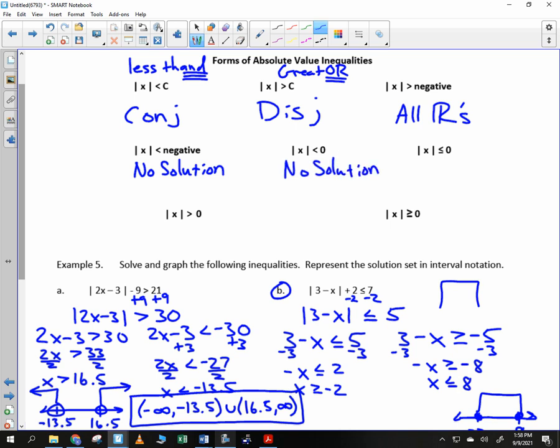Could an absolute value be less than or equal to 0? What's the absolute value of 0? 0. So this one would be one solution. Wherever it's equal to 0, that's the one solution that you could come up with.